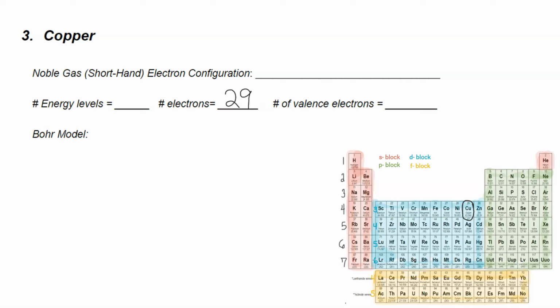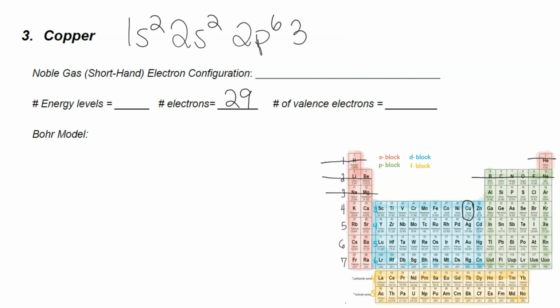And now, even though it doesn't ask for it, I'm going to start by writing out the whole electron configuration for copper. So starting out with 1s2, and then 2s2, and then 2p6, and then 3s2, and then 3p6, next 4s2, and then we're going to end in the D block this time.